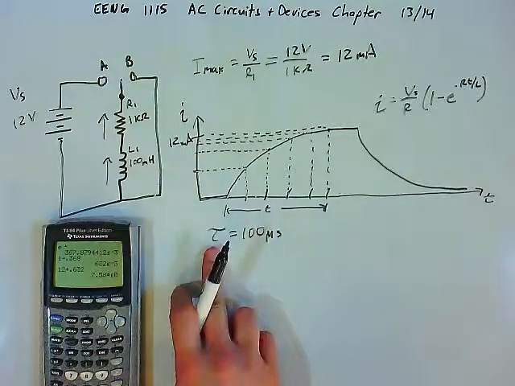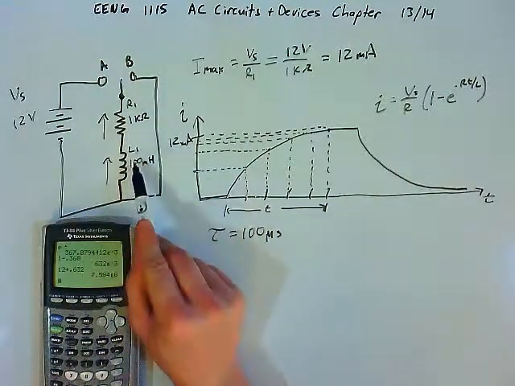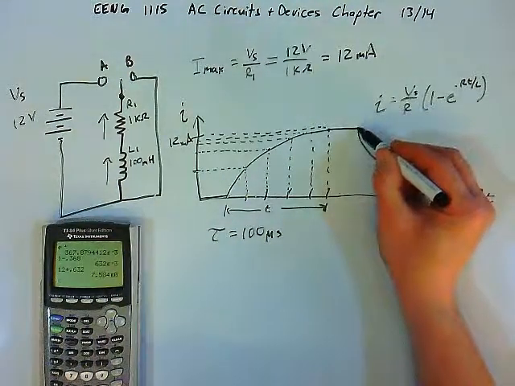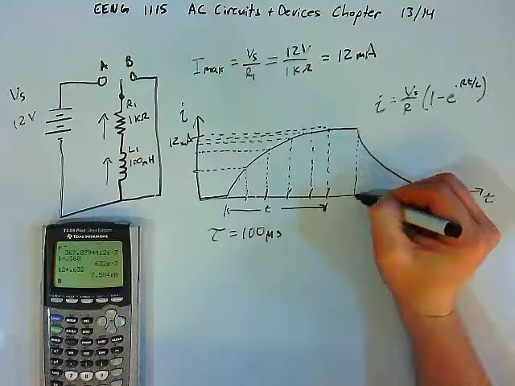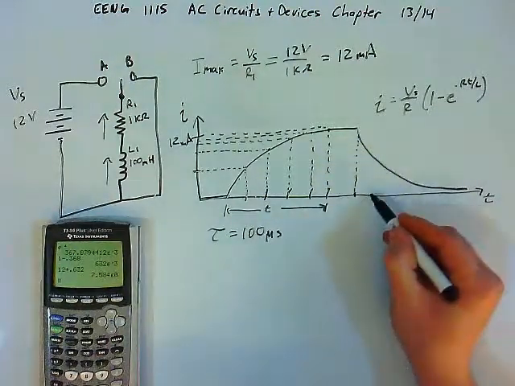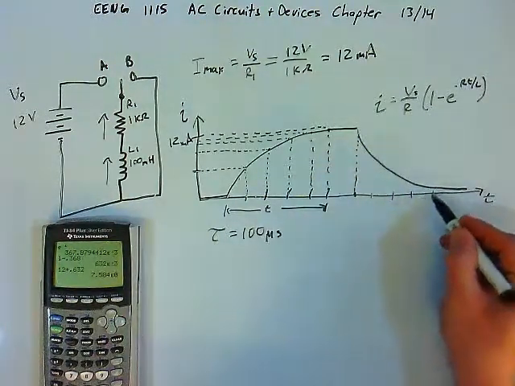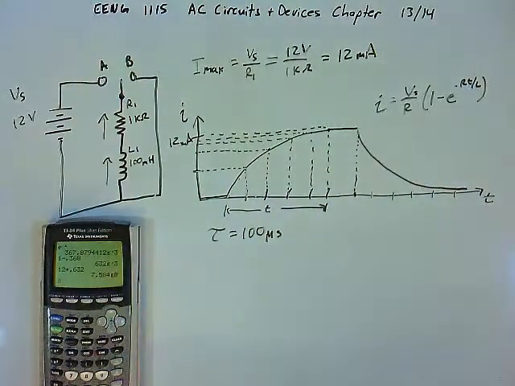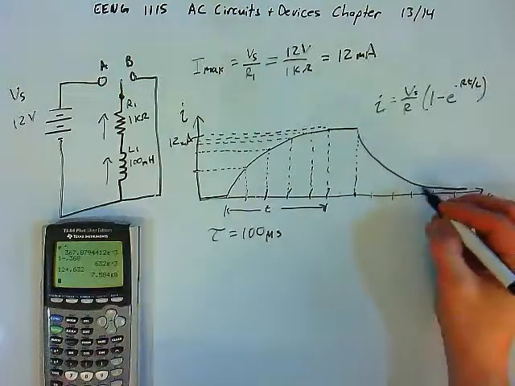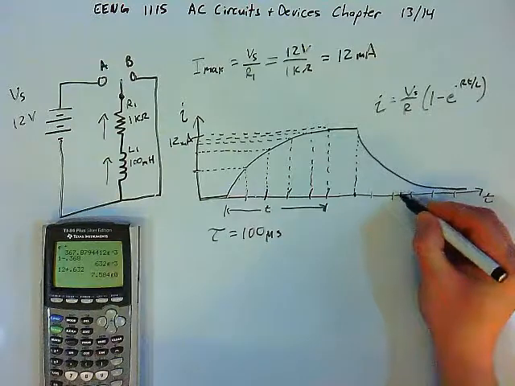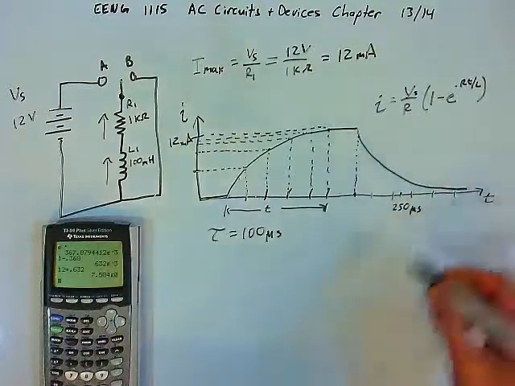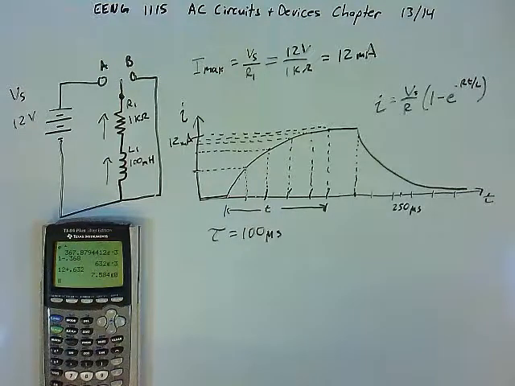Again, tau was determined by the resistance and the inductance. From the point in time that we switched the switch into position B, it will take 1, 2, 3, 4, 5 roughly time constants for the current to reduce all the way back down to 0 milliamps. In this example, let's say, what is the current going to be 250 microseconds after we flip the switch into position B?